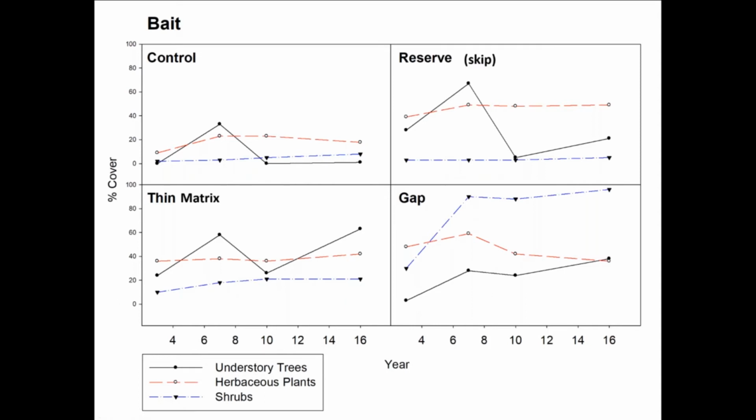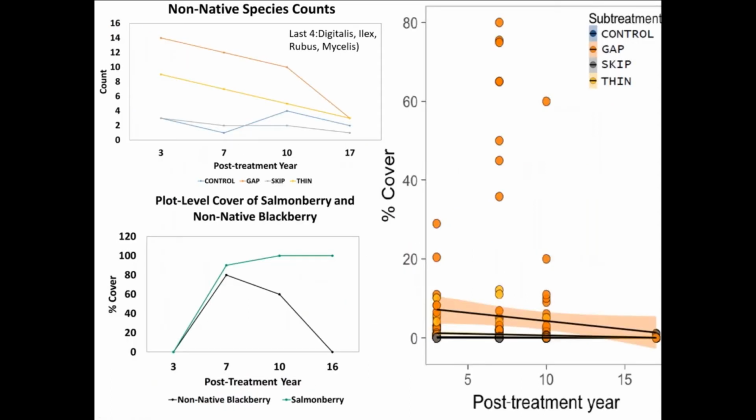In some cases, this is a shrub, it goes up. Other cases, well, this gap in this thin matrix, there was very little. The understory trees went up and down, but other things stayed very level over time.